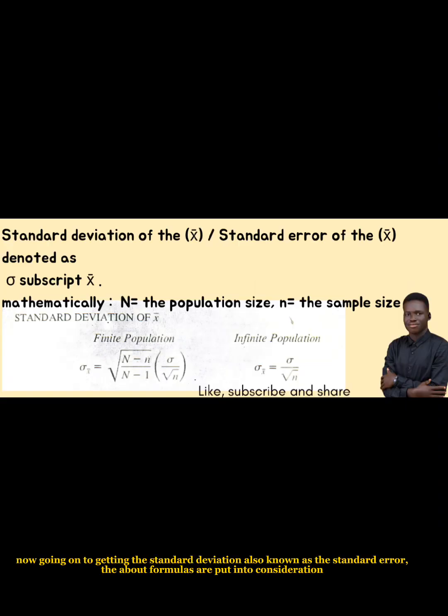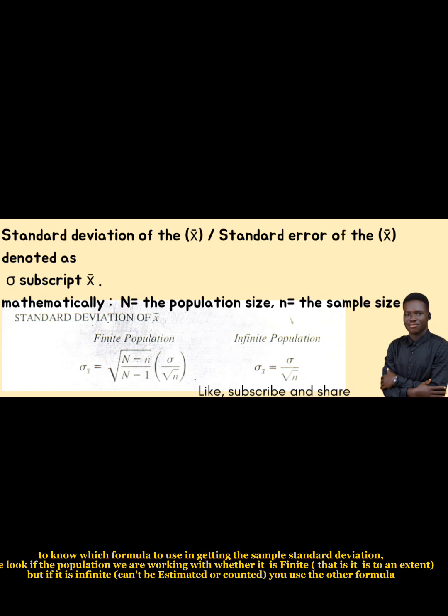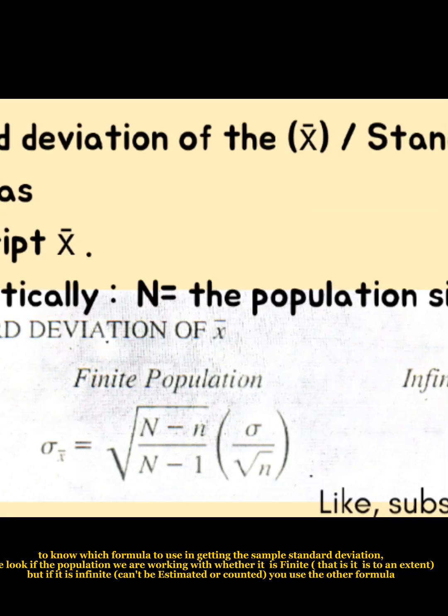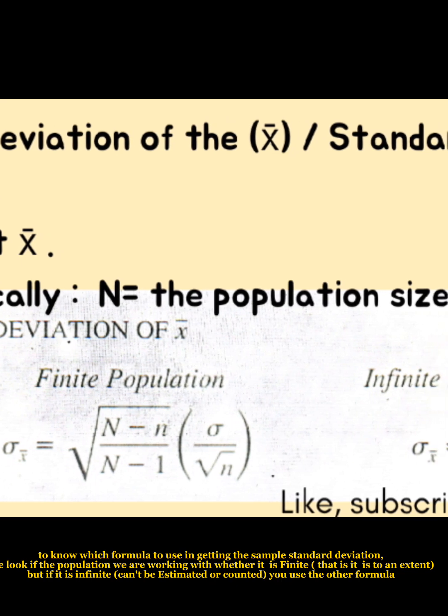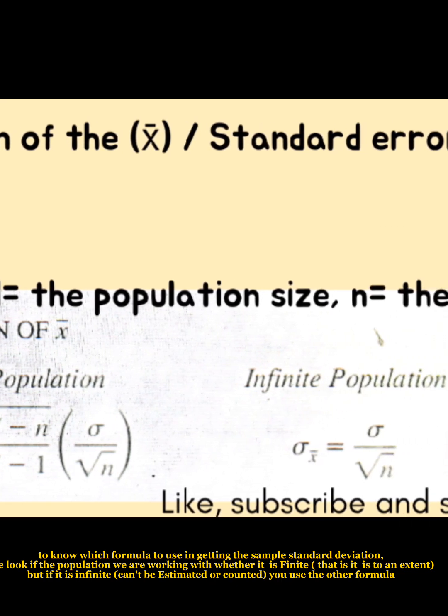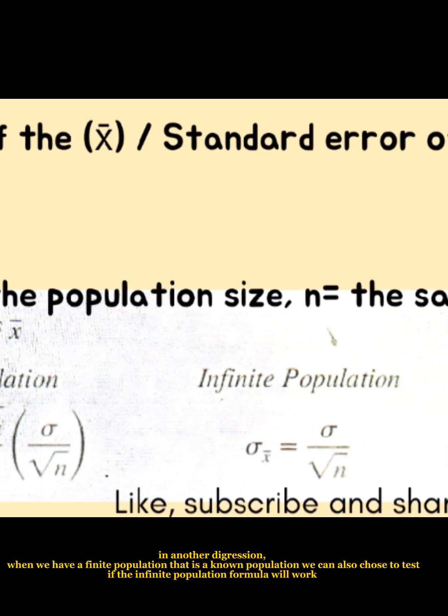Now going on to getting the standard deviation, also known as the standard error. The above formulas are put into consideration to know which formula to use in getting the standard deviation of the sample mean. We look at whether the population we are working with is finite, that is, it can be counted to an extent, but if it is infinite, it can't be estimated or counted, and you use the other formula.